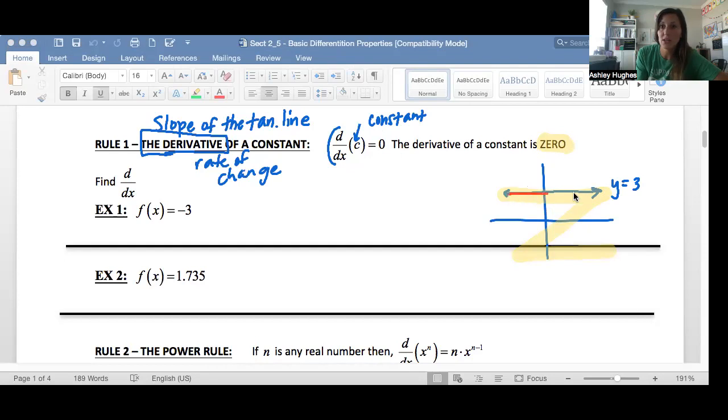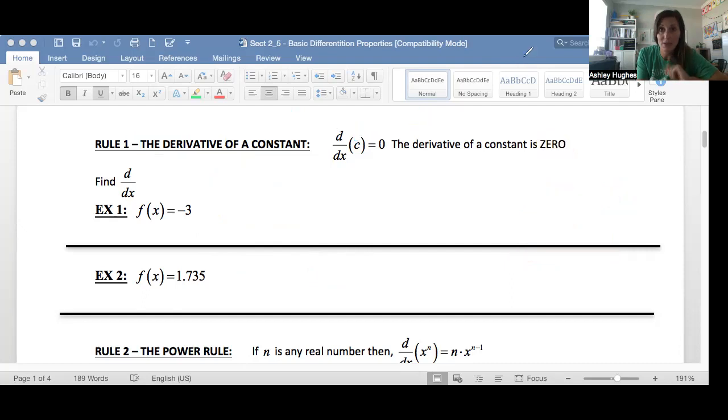So any horizontal line has 0 slope. So anytime you have any constant, the derivative is 0. This is also a constant. It's a decimal, but still it would just be a line at about 2. So the derivative of that is also 0. Any constant, the derivative is 0.